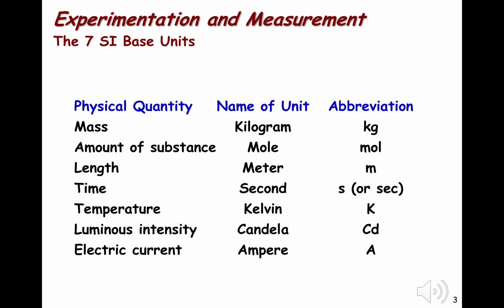This can be confusing if you're not paying attention to those kinds of details. You need to know all of these except for luminous intensity, which is not something that we will discuss to any significant extent in this class, but you may encounter it in more advanced classes.